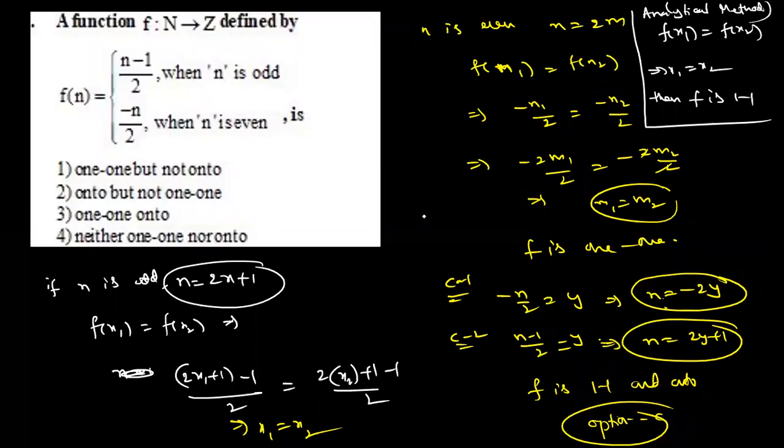But here add one more point. What is the point here? What is the range here? Z, like that you can write.